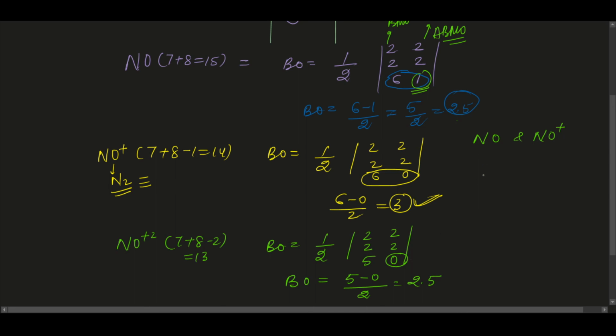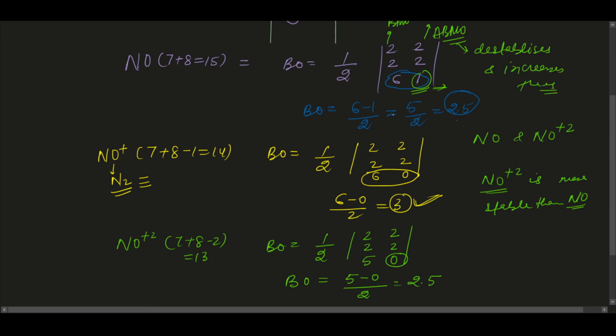So we can directly say that NO 2 plus is more stable than NO because it does not have an ABMO electron, and we know ABMO electrons destabilize the molecule and increase the energy.